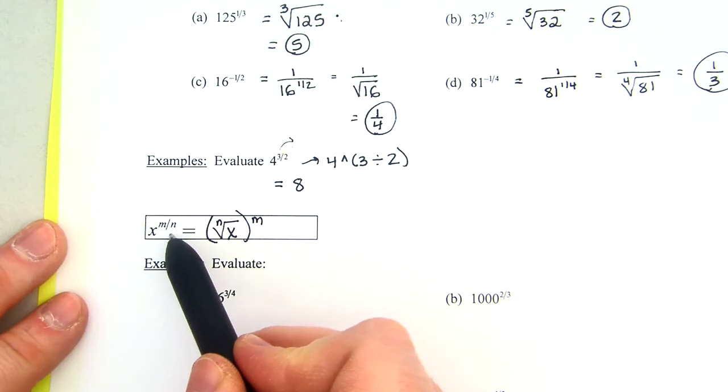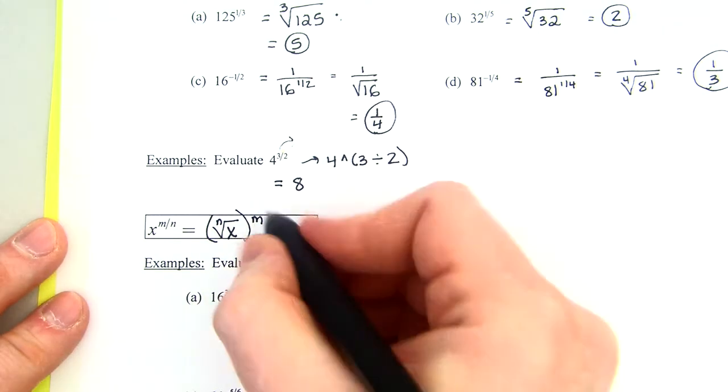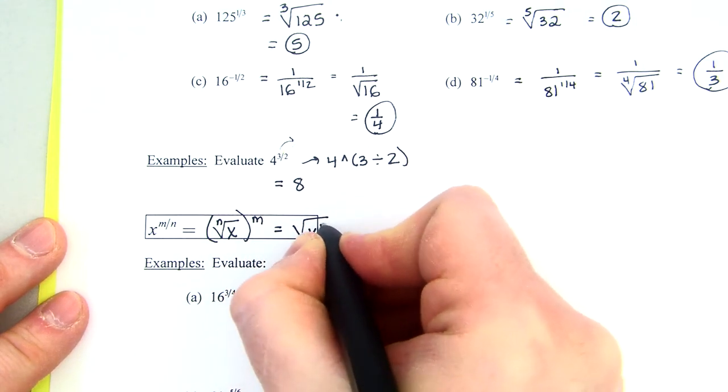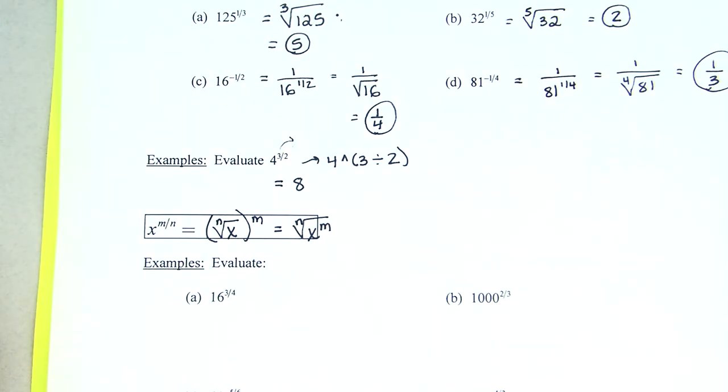The denominator tells me the type of root I'm going to take. The numerator tells me the power. Actually, there is another way I can do this as well. I could do my power first. I could do x raised to the m, and then take the nth root of my answer. But still, the numerator is the power, the denominator is the root.